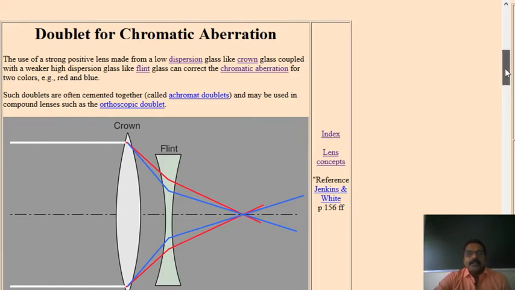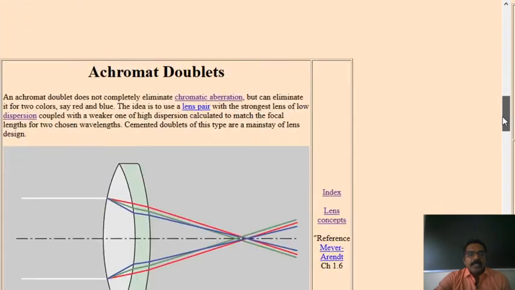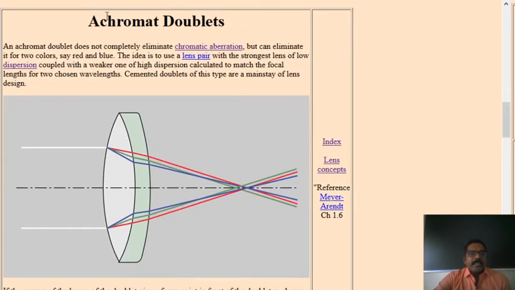So this is one solution, and another solution is the achromatic doublet. In an achromatic doublet also there is a pair of lenses, a double convex lens with a concave lens cemented, that means tightly packed.